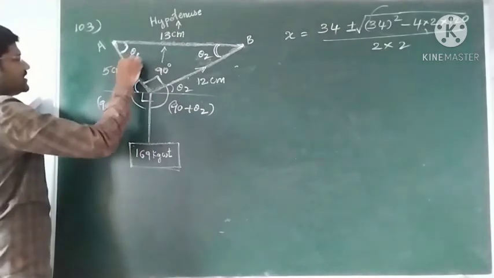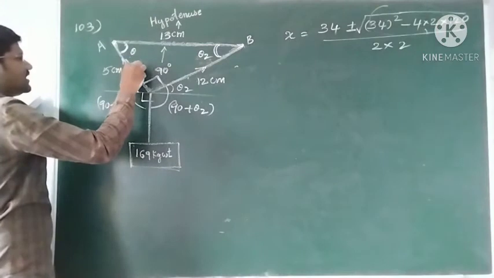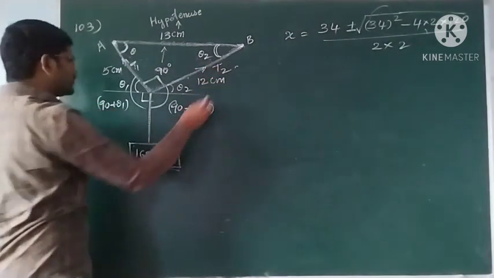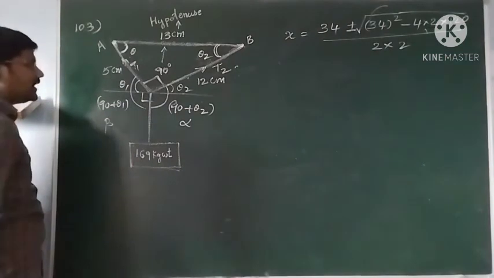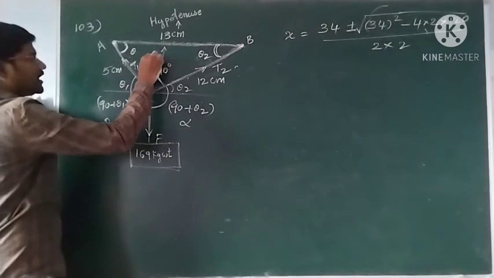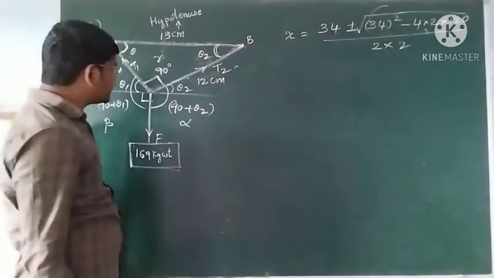So if this is T1, the opposite side angle is alpha. If this is T2, the opposite side angle is beta, and this is another force, so you can call this gamma. Okay students, then use Lami's theorem.